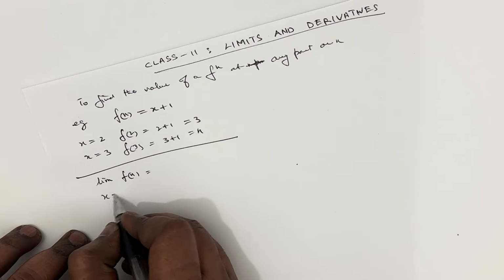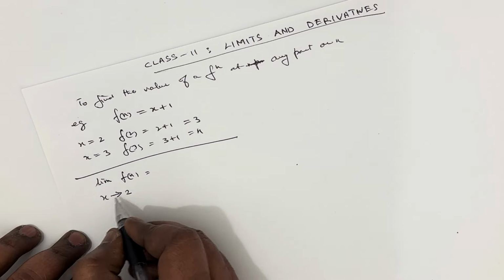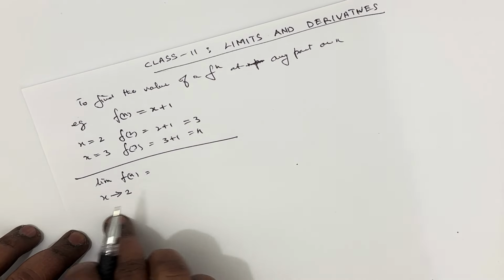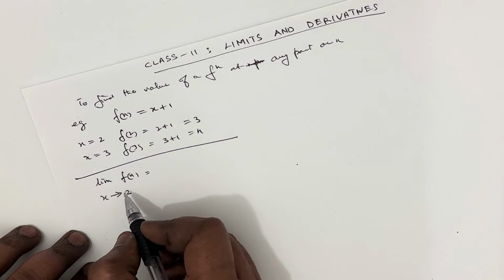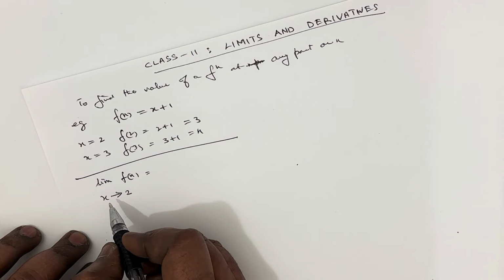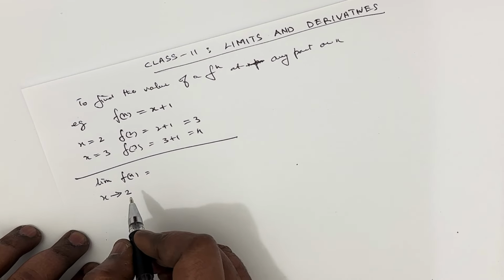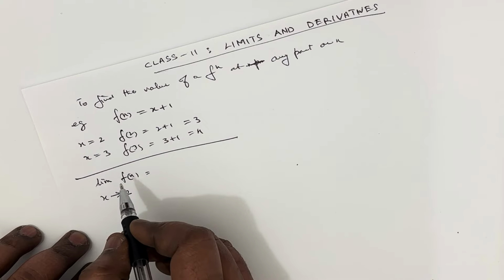We write this with a symbol meaning x is moving towards, approaching, or tending towards 2. When it is coming closer and closer to 2, what is the function's value at that point? That is its limit.